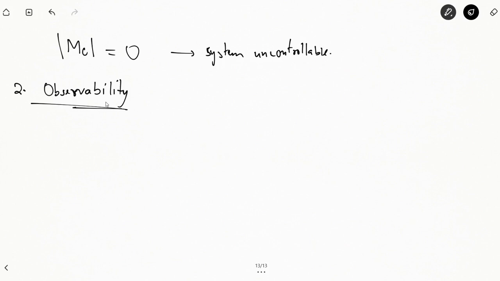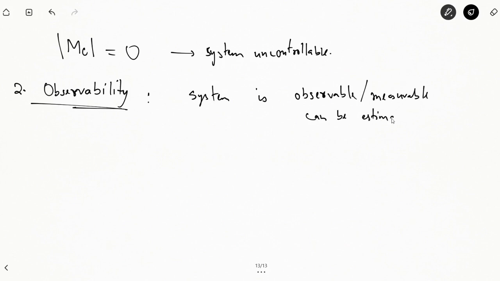Now, as far as observability is concerned, this property basically says whether a system is observable or not. By observable, we can also say whether it is measurable, or it can be estimated. There are a lot of terms, however you wish to define it, or it's quantifiable.